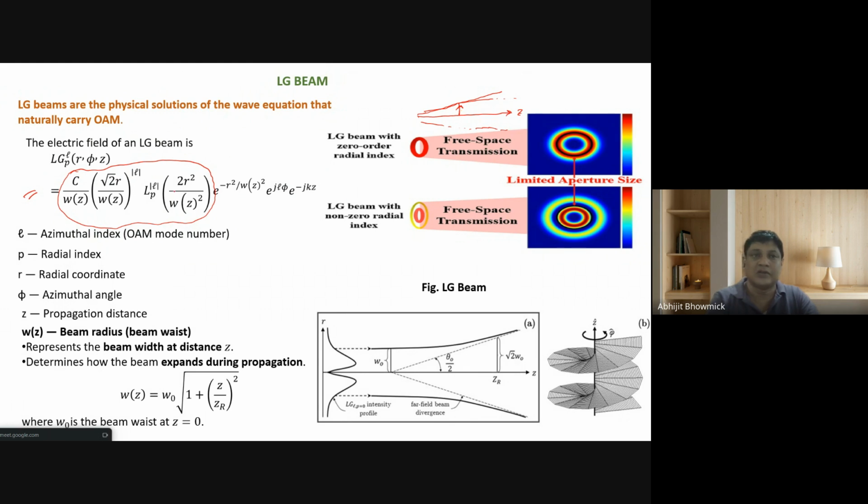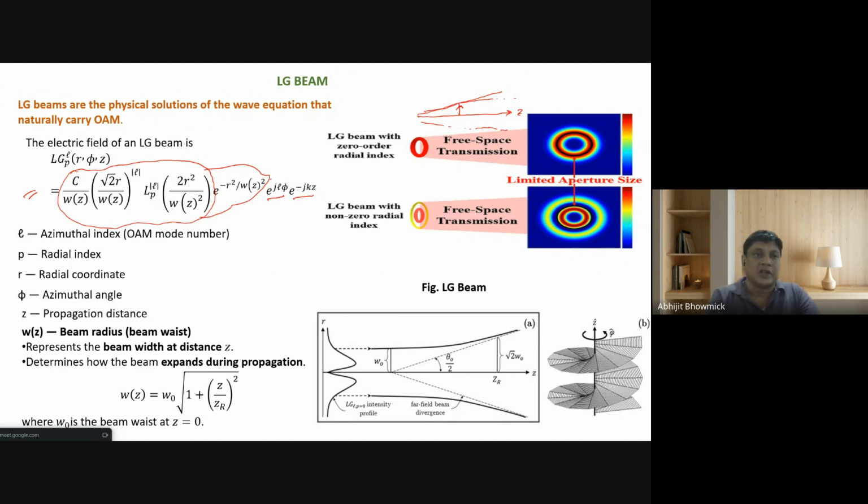The first part of that, encircled here and enclosed by the red line, basically defines the change in intensity along Z as well as along the radius. This part tells about the phase structure, and this is how it decays along the Z direction when it is propagating. This is described by e to the power minus jkz.